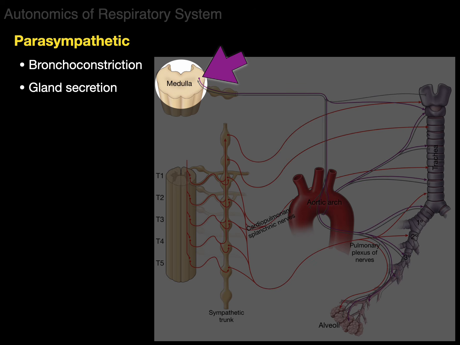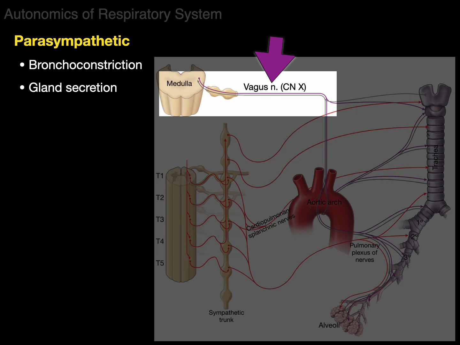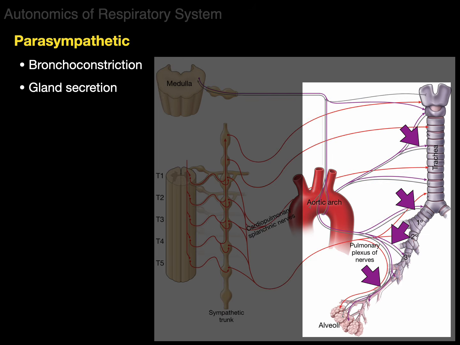All parasympathetics for the respiratory system arise in the medulla oblongata. That little purple circle that the purple arrow is pointing to is the cell body of a preganglionic parasympathetic neuron. That's in the dorsal vagal nucleus, because the vagus nerve, cranial nerve 10, is what's conducting this action potential down to the airways.